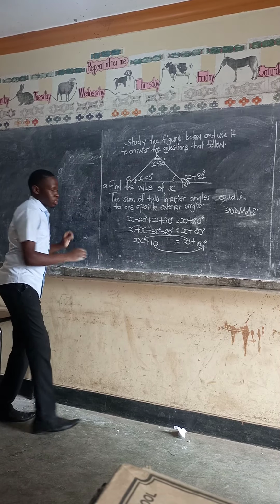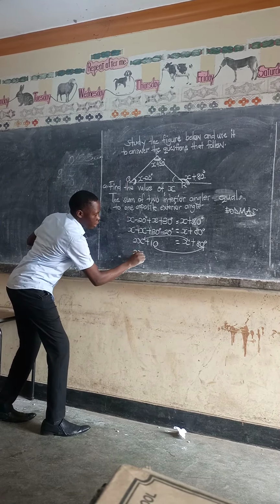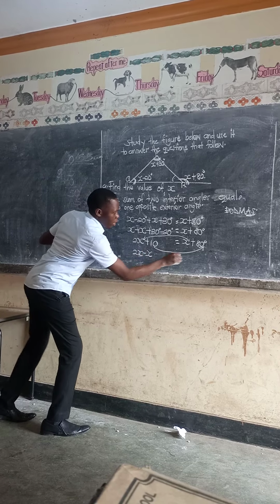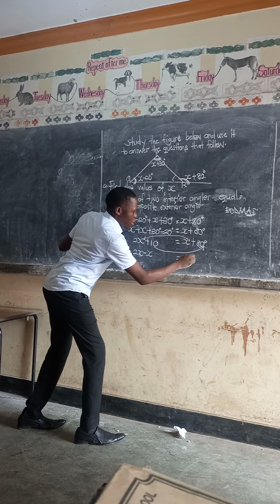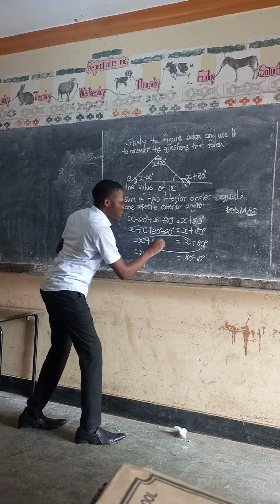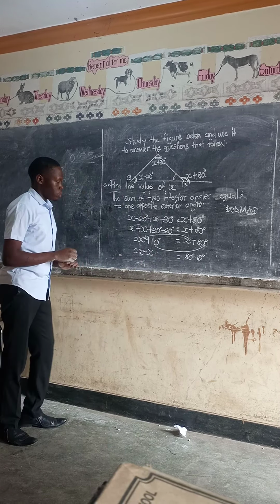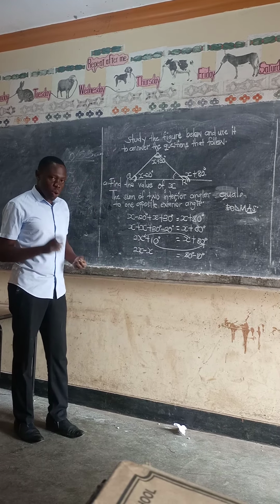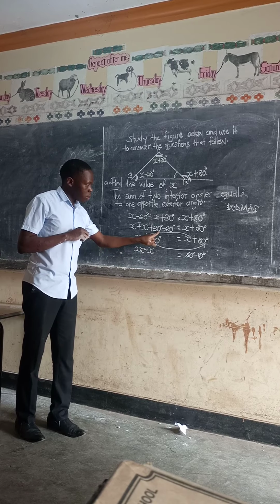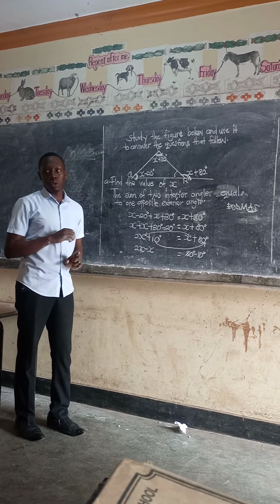So what is next? We shall write here 2x minus x. Then on this side, we shall have 80 degrees minus 10 degrees. Remember to put there the units. You must always have the degrees. You must always show the arrows.